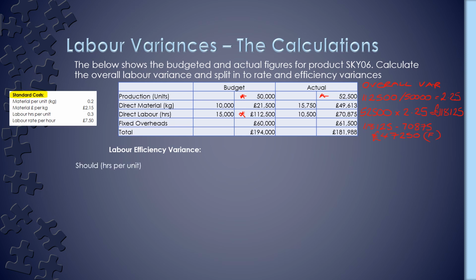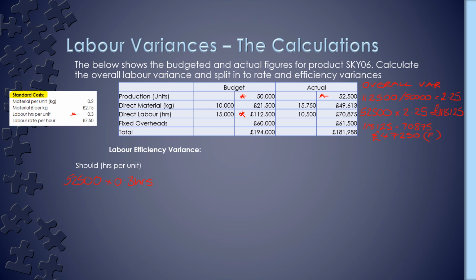So our labour efficiency variance then is all about the number of hours that we were expecting to spend on the units. So we know that our actual production was 52,500 units. We also worked out previously that our standard cost, so our standard amount that we're expecting, is 0.3 hours per unit.